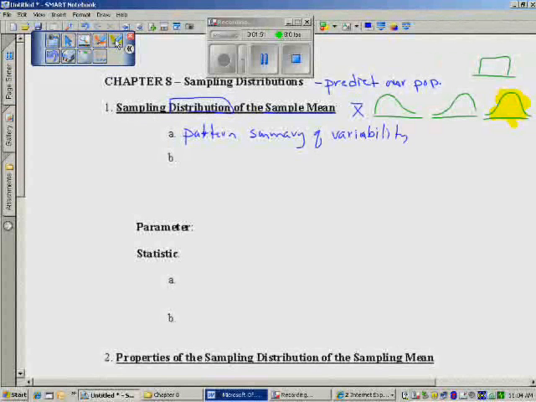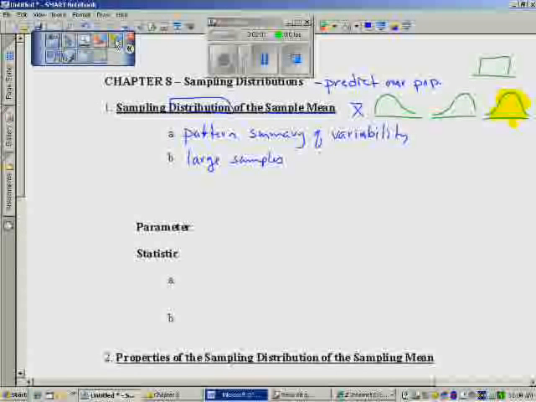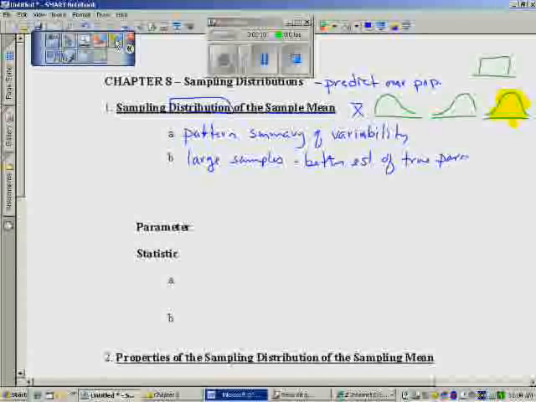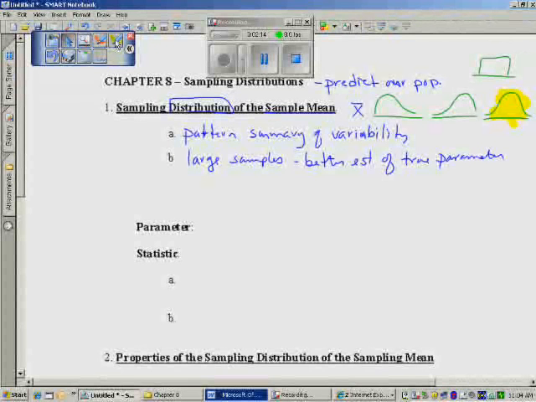It shows me how varied I'm going to get. And if I start looking at large samples, they will be a better estimate of the true parameter. Remember, samples are taken to estimate the population.